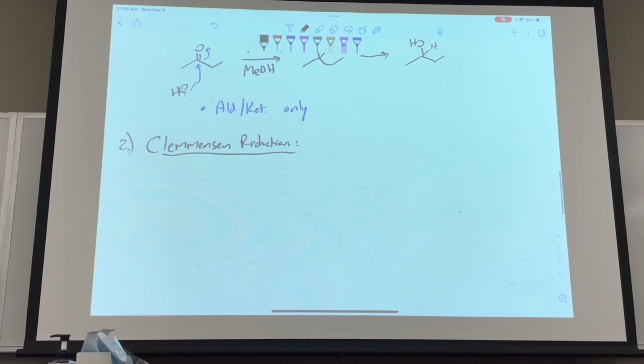If you remember, the Clemmensen allowed us to take an aldehyde or a ketone and, using a zinc mercury amalgam under strong acidic conditions, it reduced the ketone, but not to the alcohol, right? It completely deoxygenated it. It reduced it all the way down to the methylene.